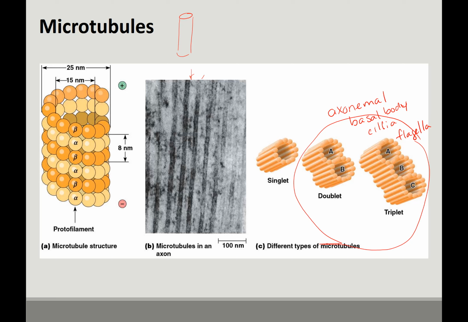Okay. And if you look really closely, you will have one complete 13 protofilament microtubule, and then the other one is not quite complete because they are sharing these protofilaments.